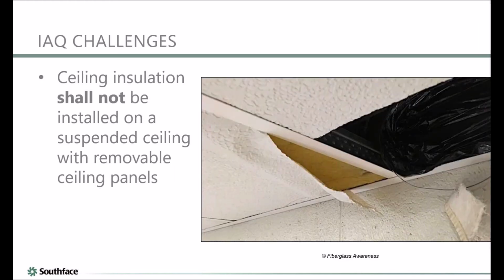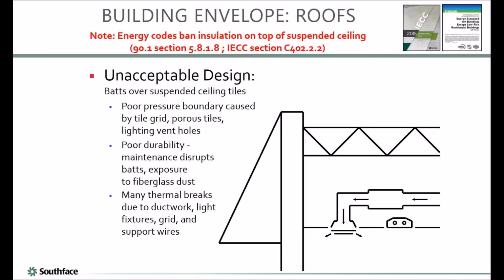And Laura? Yes, you shall not, per code. If you put insulation above a ceiling, I hope you're doing it for sound insulation because it won't contribute to the insulation value of your roof. So it's very explicit. This has been in the code.